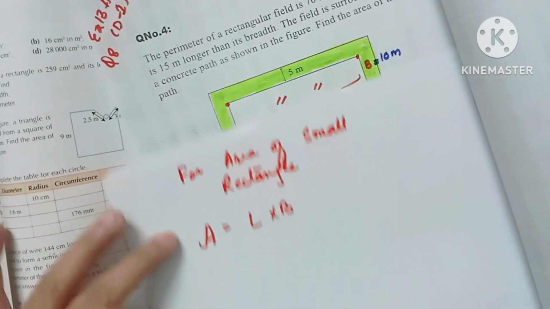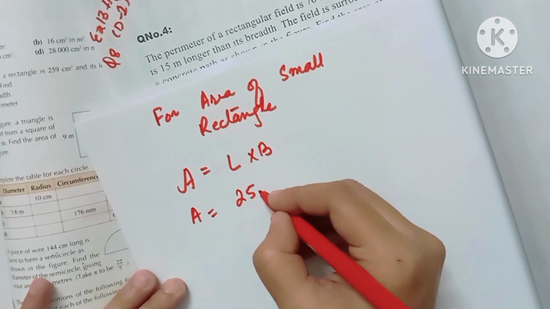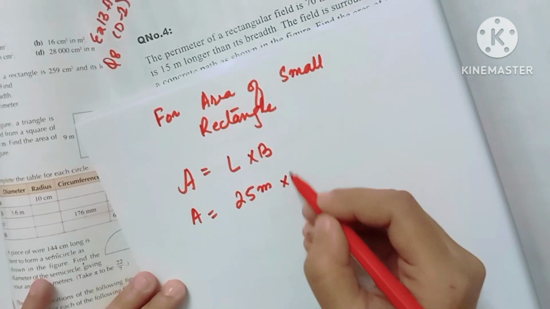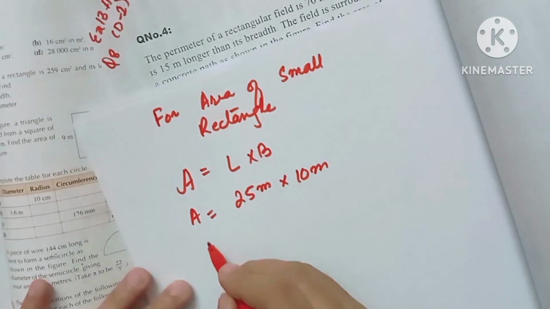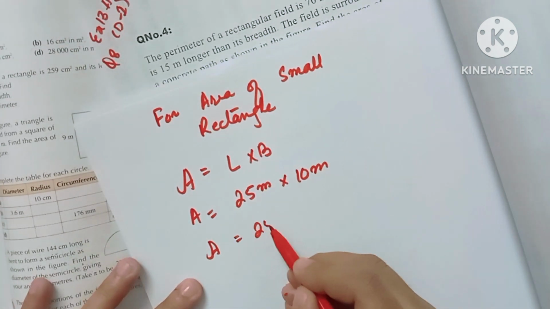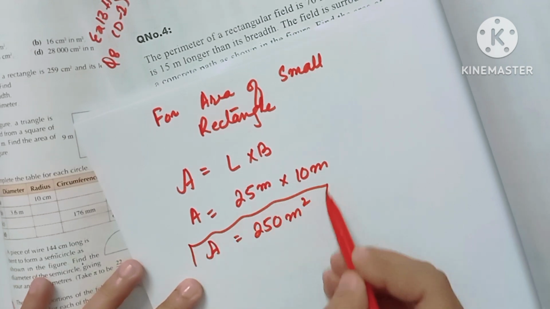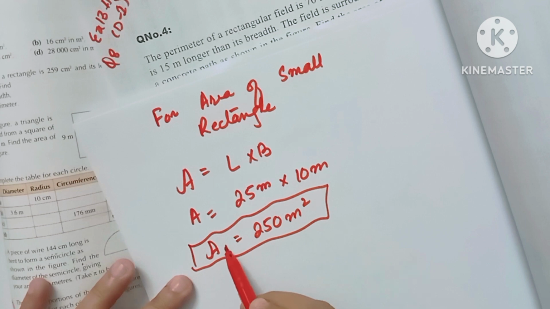And what is length? Length was 25 meter, and breadth is 10 meter. So the area of the smaller rectangle is 250 meter square. We can say that is area number 1.